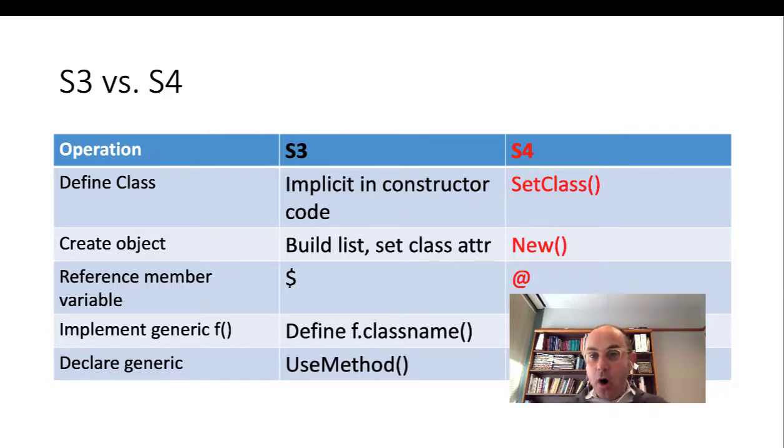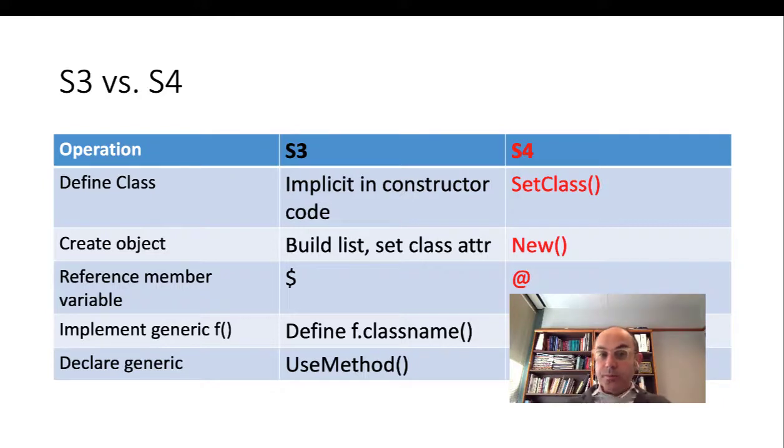In S4, we're going to use the function setClass in order to do that. When we are building a new object in S3, we need to set a list and set class attributes, but in S4, it's really simple. You will say new, and you will name the new object that you want to create.